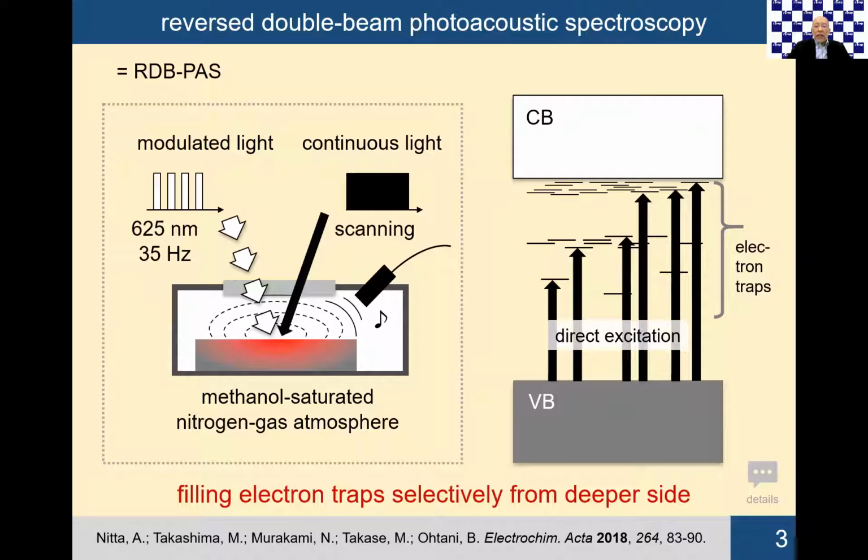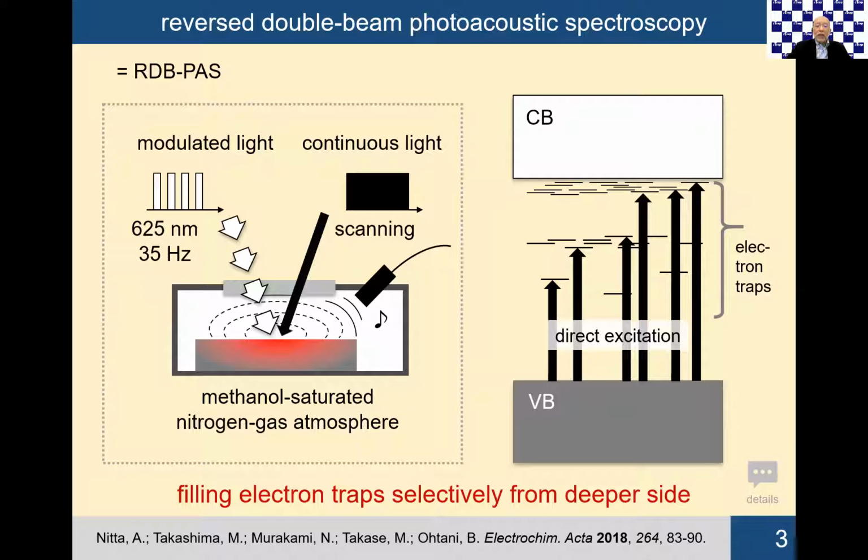For example, in the titanium oxide case, if titania is reduced, it is colored gray or bluish gray. That is the reduction, that is, electron accumulation in the material.